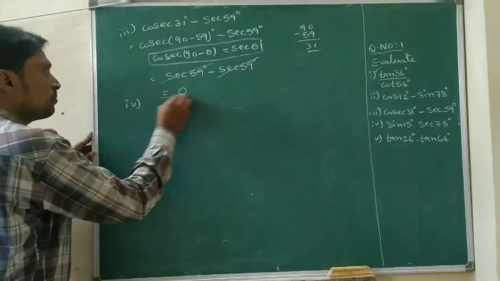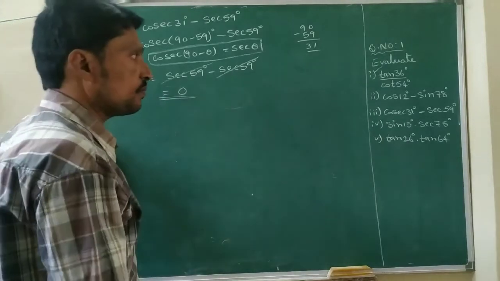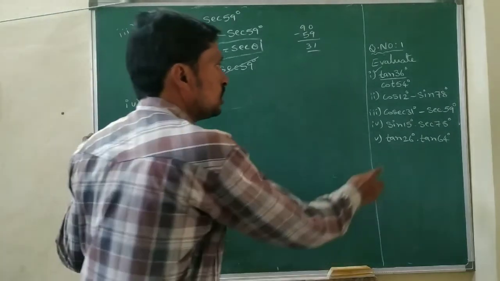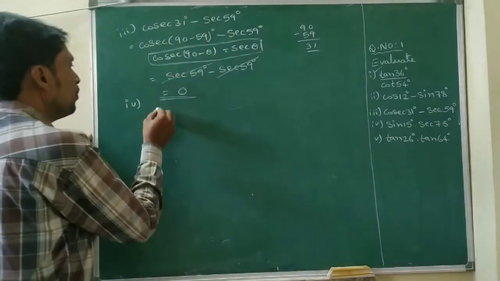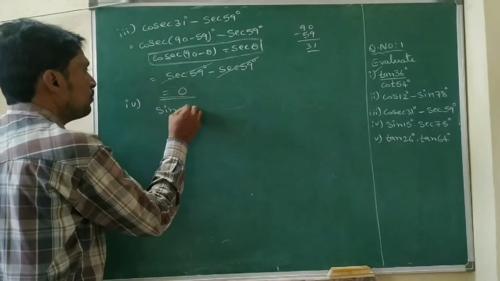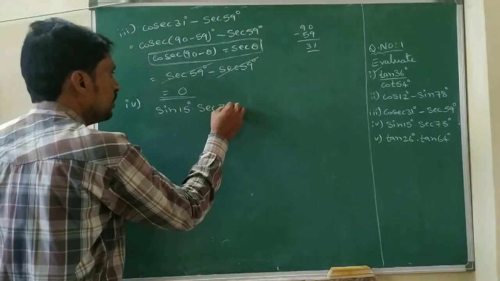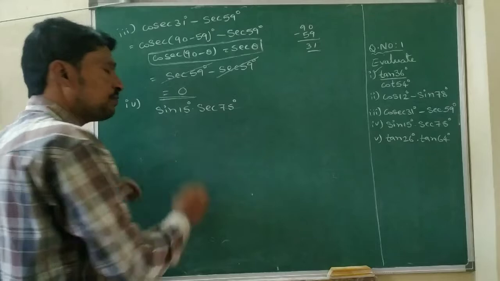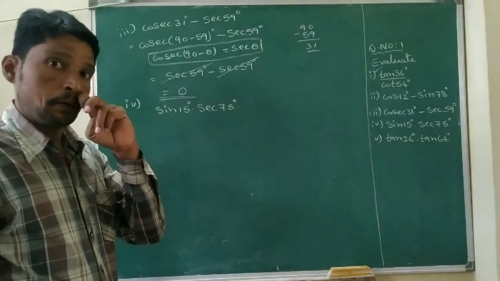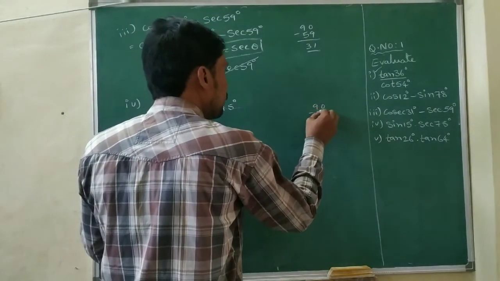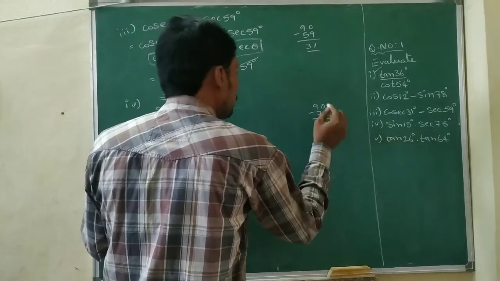Next, the fourth question: sin 15 degrees into sec 75 degrees. Here I am changing 15: 90 minus 75 is 15 degrees.